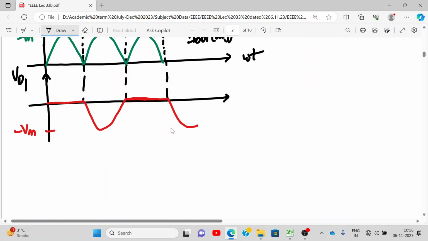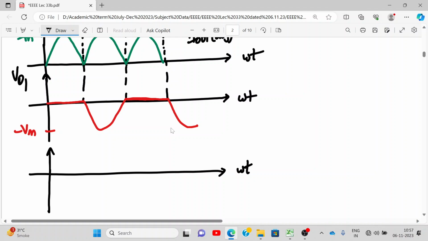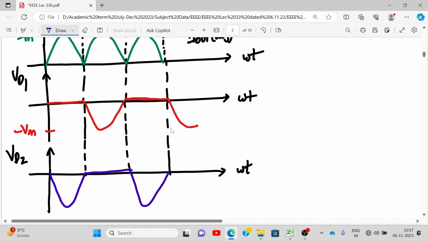Now, if you can draw VD2 similarly, what will the picture be over here? This is VD2. VD2 is off in the positive half cycle, so here it will be 0, and here again it will be like this. And this is minus Vm.